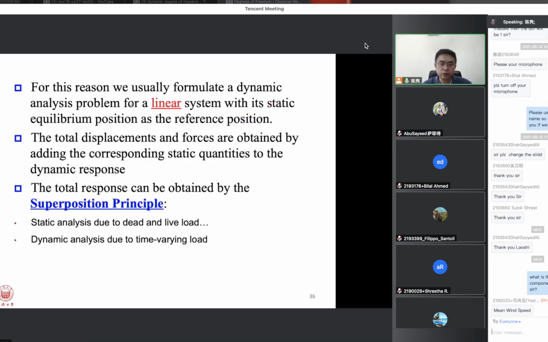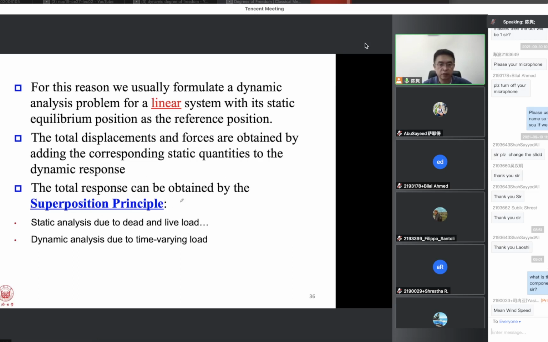So for this reason, we usually formulate a dynamic analysis problem for a linear system with its static equilibrium position as a reference position. So the total displacement is obtained by adding the static one together with the dynamic response.